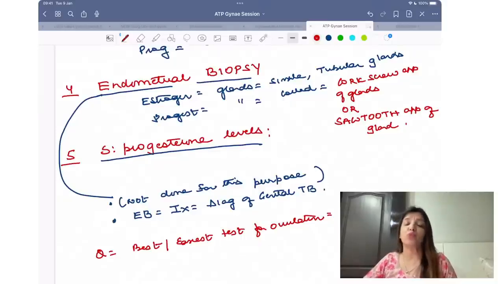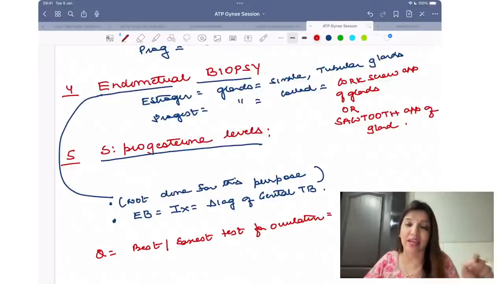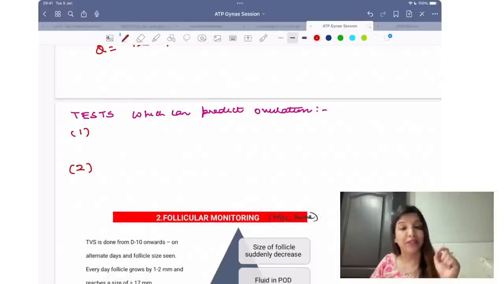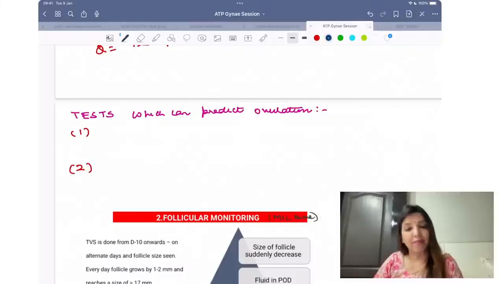Are there any tests which can help me tell my patient that this time or this day you are going to ovulate? There are two tests which can predict ovulation. What are those two tests? Anyone can tell me two tests which can predict ovulation.